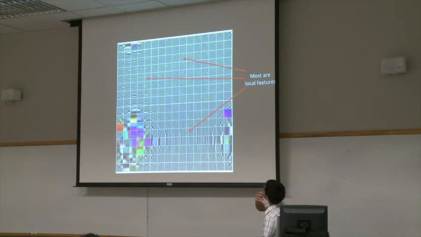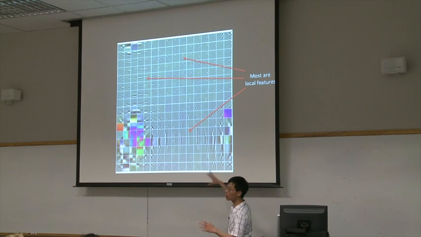The first step is we do some analysis of the features that we learn. Here I show the visualization of the features in the first layer. Higher layers are very difficult to visualize, so let's visualize the first layer. It turns out that even though we ask the algorithm to see the entire image, a lot of features turn out to be localized.